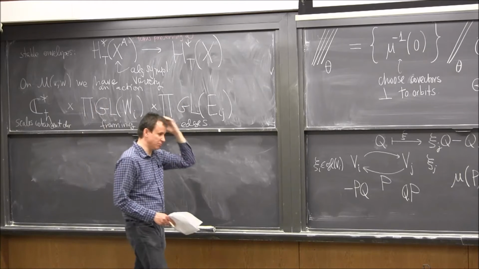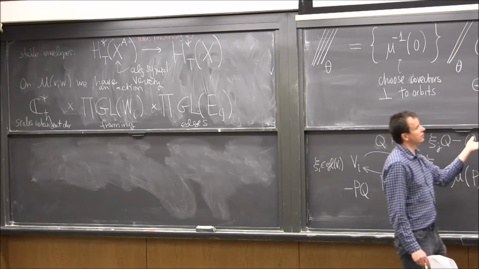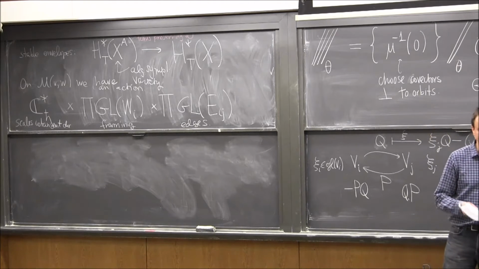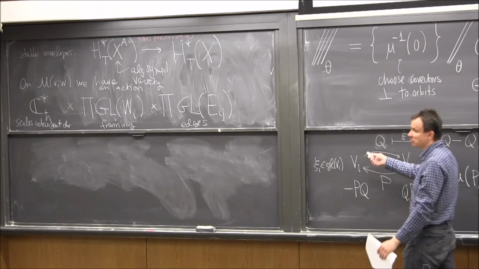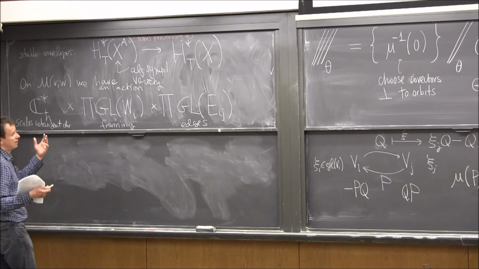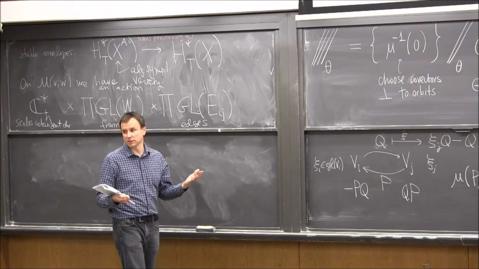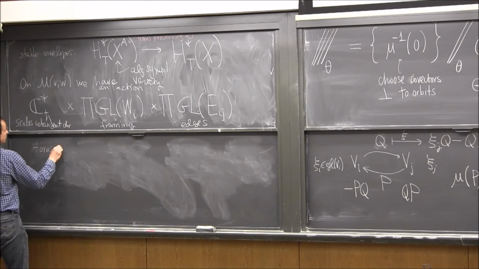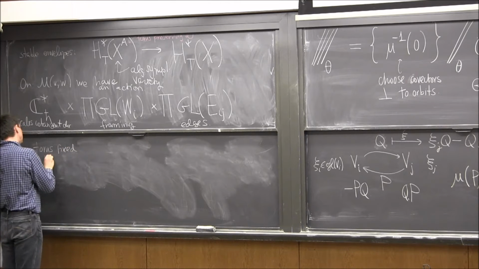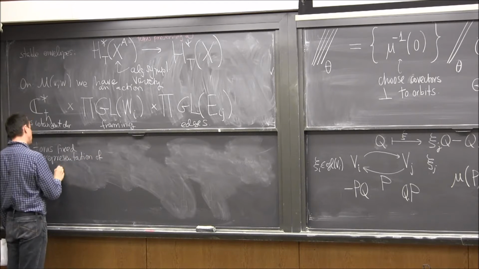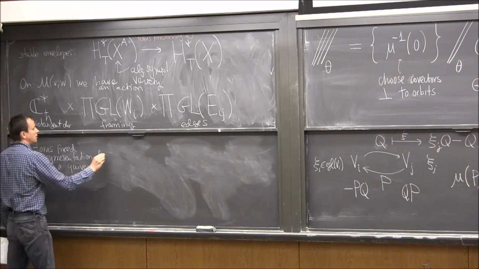And so, how does it manifest itself? A point in a Nakajima variety is a bunch of matrices, which you can also say is a representation of a quiver. A representation of a quiver is just an assignment of a matrix to every arrow. And if you have a torus action, then a torus fixed representation of a quiver is a graded representation of a quiver.